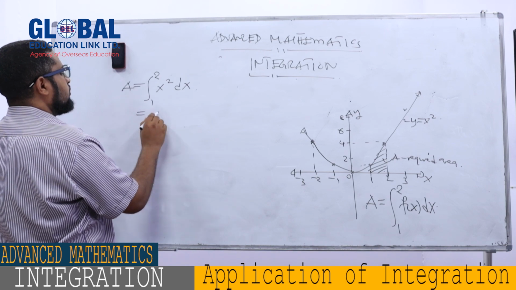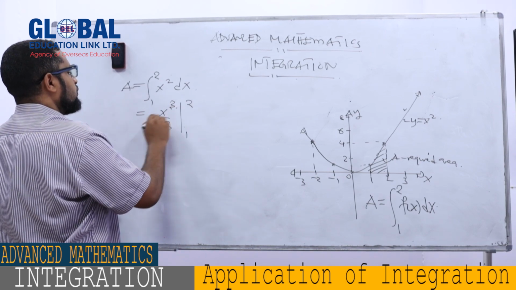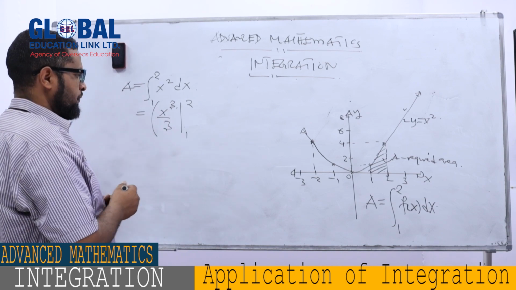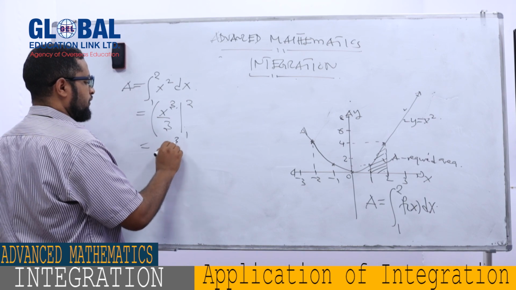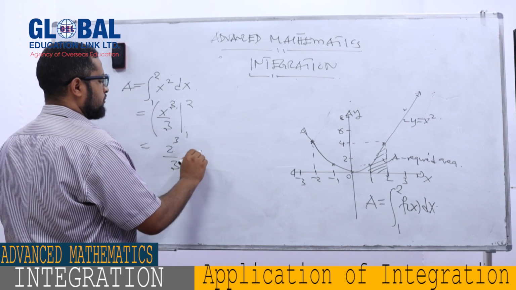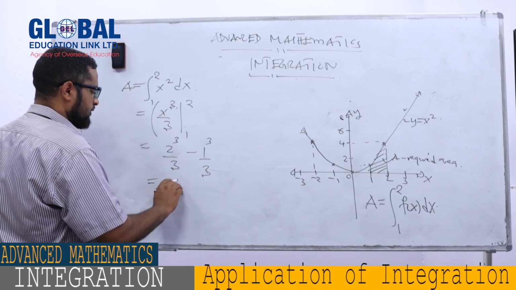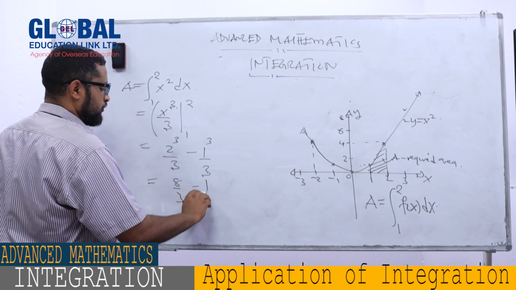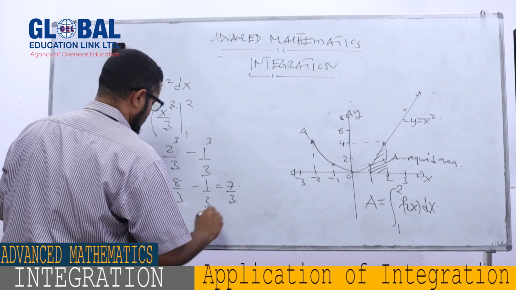So integrating, you'll be having x to the power of 3 over 3 from 1 to 2. Then simplifying, this will be equal to 2 power 3 over 3 minus 1 power 3 over 3, which is 8 over 3 minus 1 over 3, which is equal to 7 over 3.